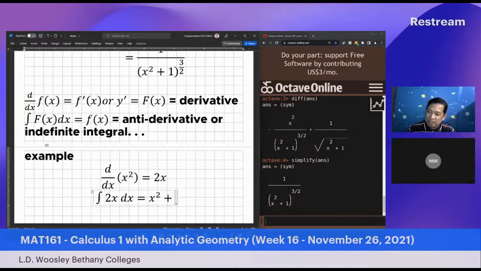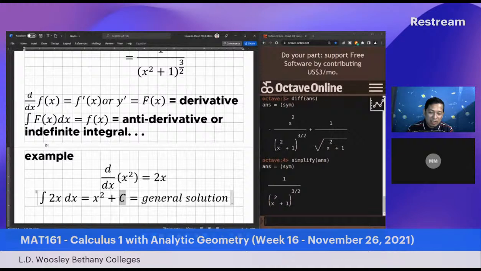However, we need to insert plus c or constant. Why? Because when you get the derivative of a constant, that is equal to 0. So to make it more of a general answer or general solution, to represent all of the general solutions, we connote an arbitrary constant for this case.